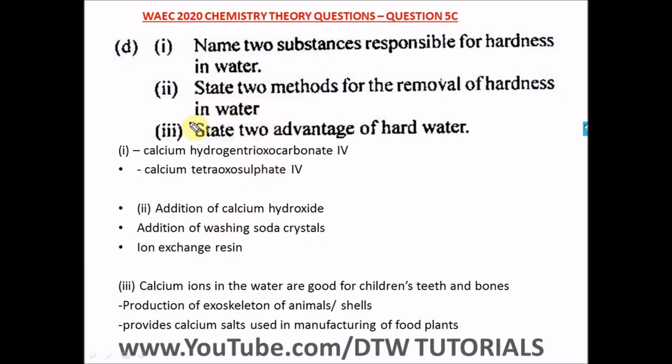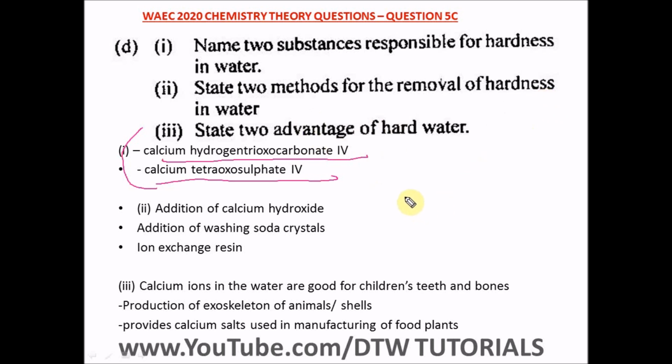5D, WAEC 2020 chemistry question. Name two substances responsible for hardness in water. State two methods for removing hardness of water and state two advantages of hard water. Okay, so the substances responsible for hardness of water are calcium hydrogen trioxocarbonate(IV) and calcium tetraoxosulfate(VI). So the presence of these substances in water is what makes water hard. The methods, how do we remove hardness of water?